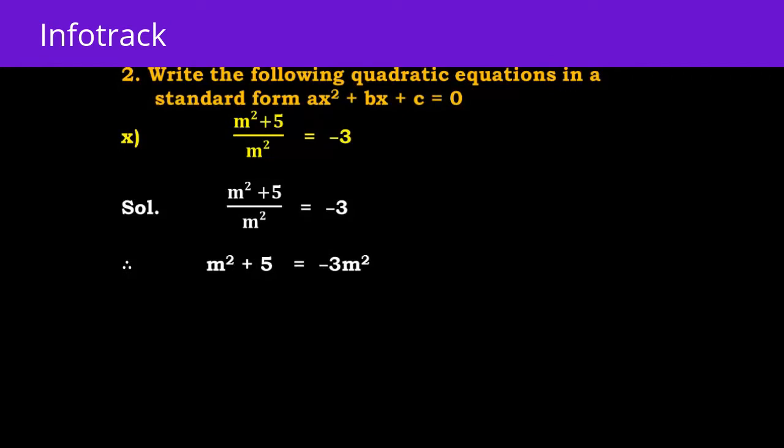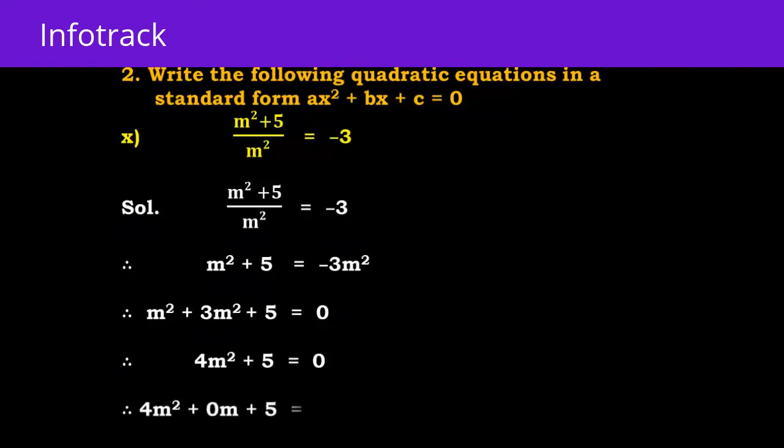Now minus 3m square will become plus 3m square. m square plus 3m square plus 5 is equal to 0. So 4m square plus 5 is equal to 0. Now we can write the middle term as 0m. So 4m square plus 0m plus 5 is equal to 0. So again the equation is in standard form, that is ax square plus bx plus c is equal to 0.